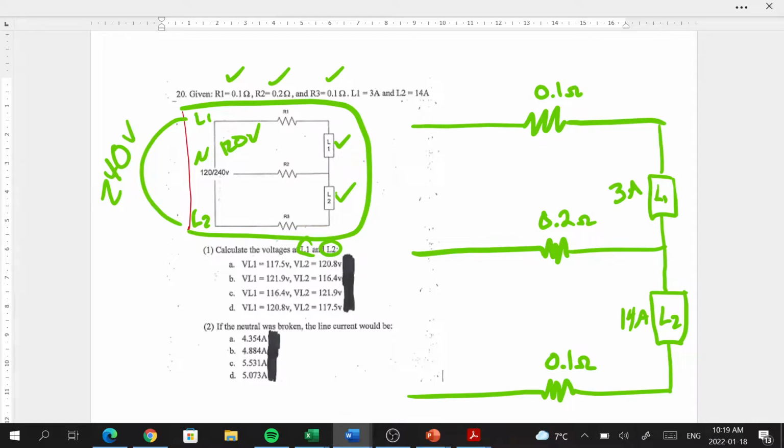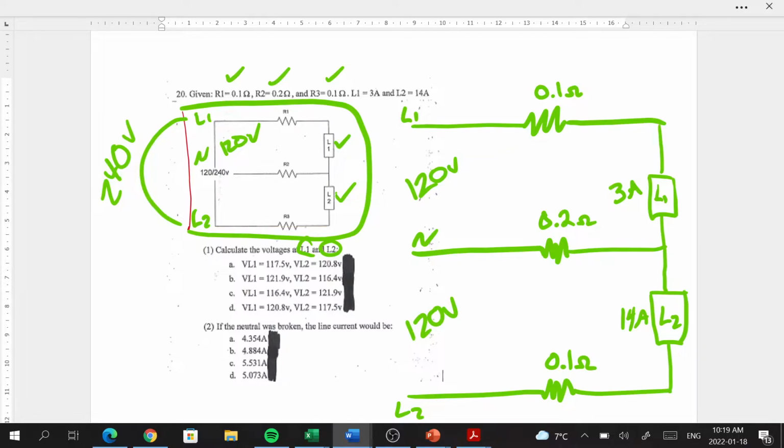So that's the information we're given. We also know that we have a 120 volt source, and 120 volts on the other side as well.